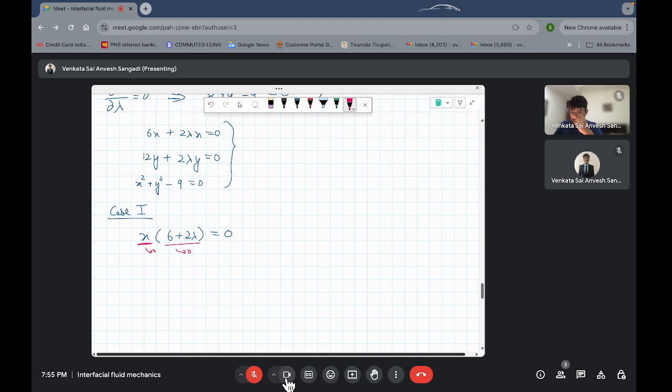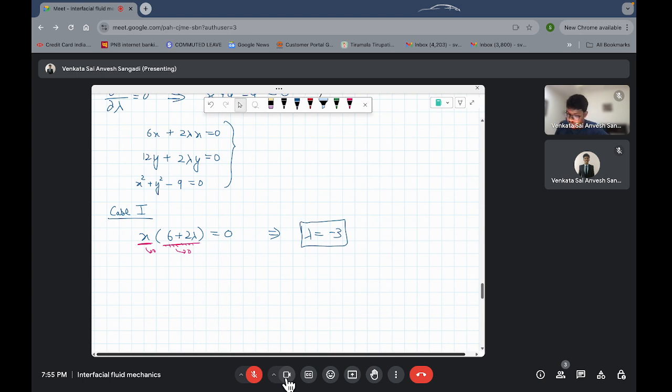So either of it is possible. In case 1, we'll assume that x is arbitrary and will be found further in our calculations, and instead we'll make this term go to 0. So this implies lambda is equal to minus 3.